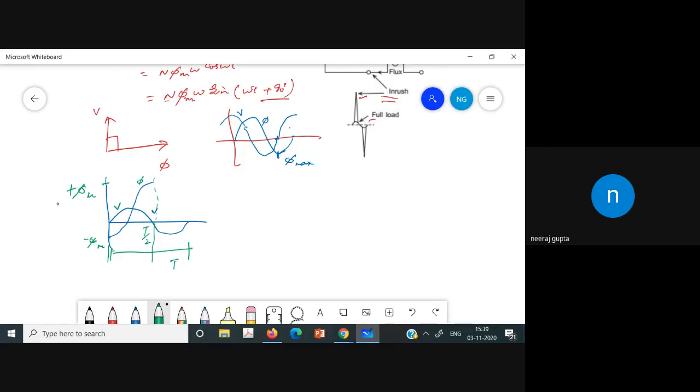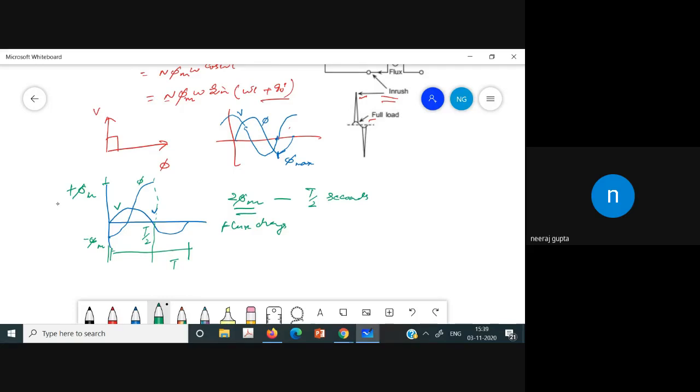Therefore, in this time from 0 to T by 2, the change in the flux is 2 phi m. So the flux changes by 2 phi m in T by 2 seconds, which is the steady state picture of this.